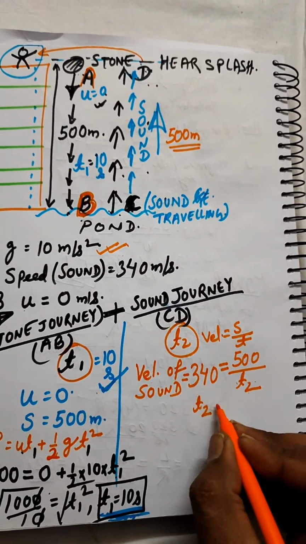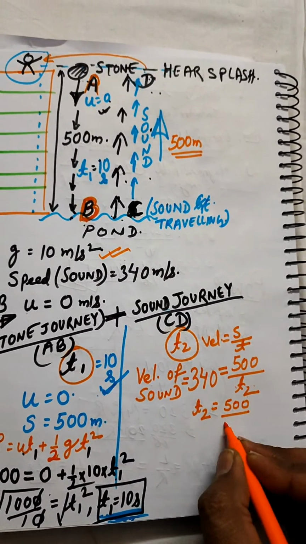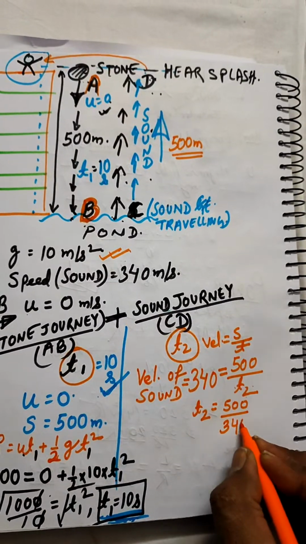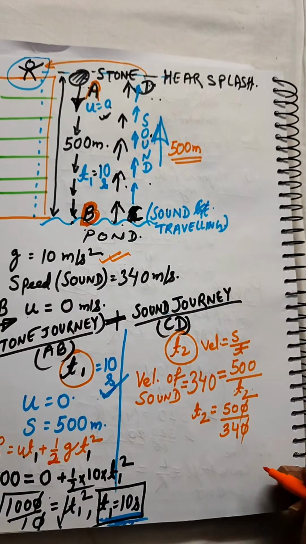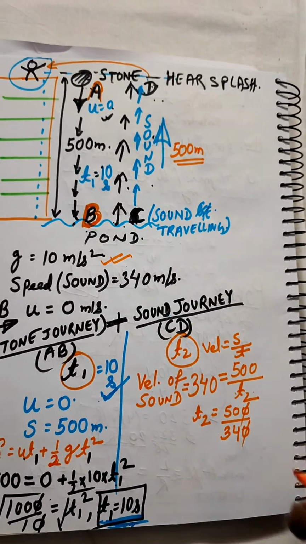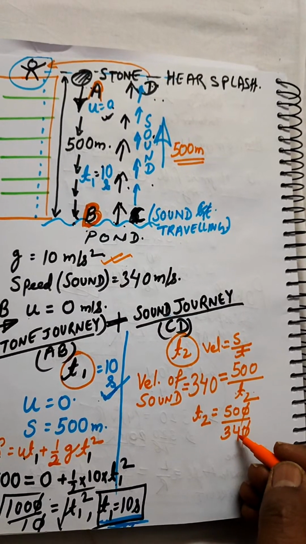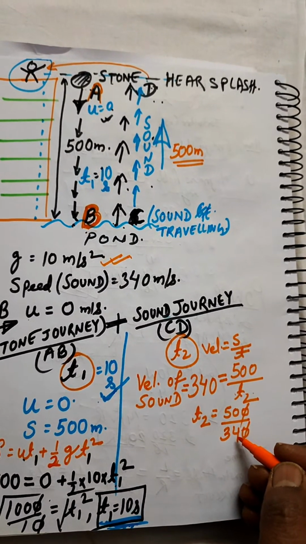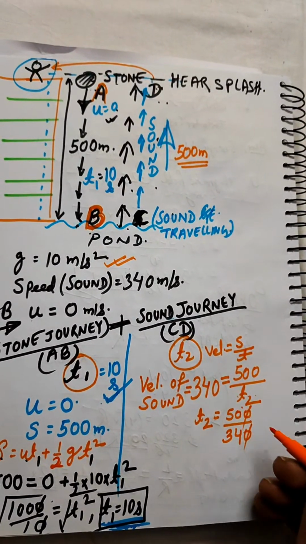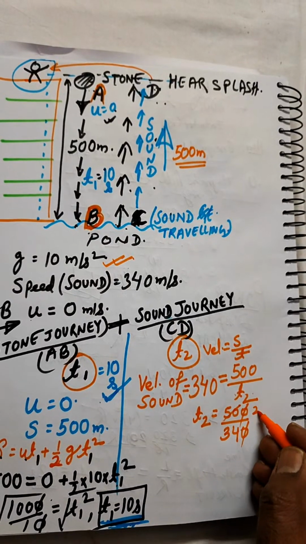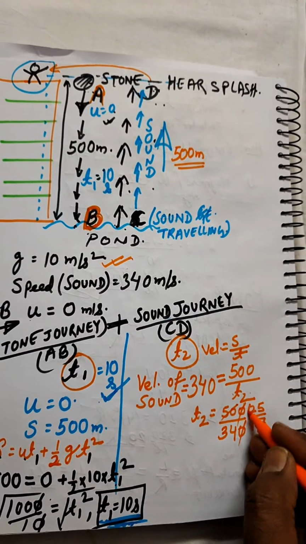So t2 is calculated by 500 by 340. Just cancel out the zeros, and 50 by 34. Dividing by 2, 25 by 17.